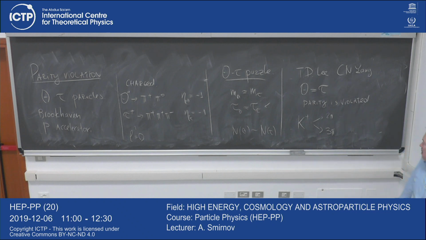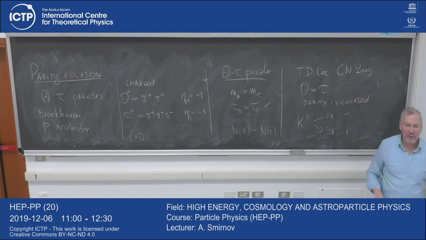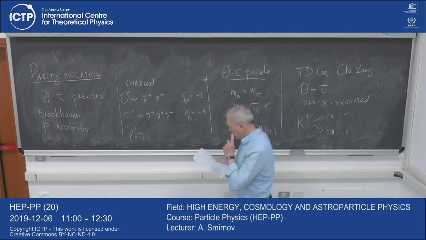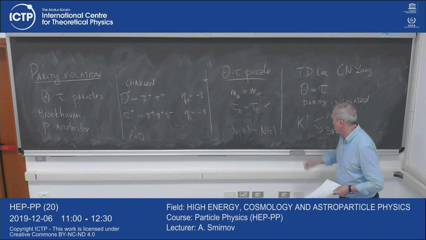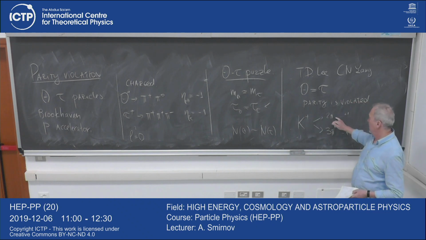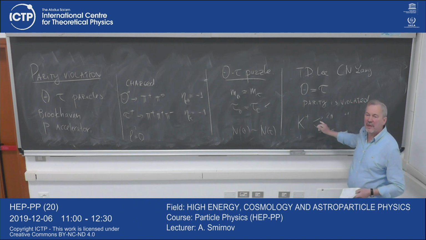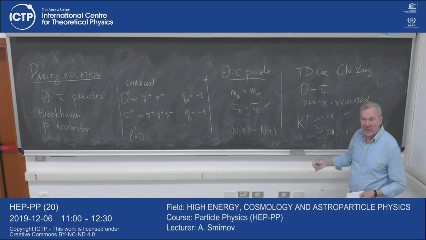Right, so the parity of these 2 is +1 and this is -1, and at least in one of them the parity should be broken. So K has parity -1, that was established later. But even if you don't know what the parity is, clearly if you have a single particle which decays into final states with parity +1 and -1, it means that you have at least in one mode a violation of parity.